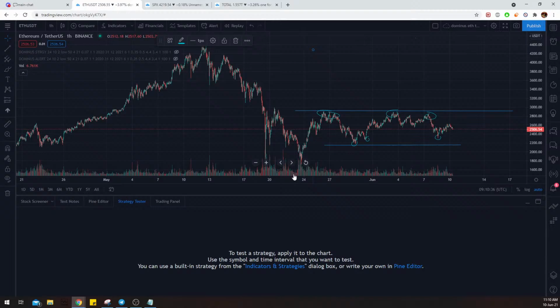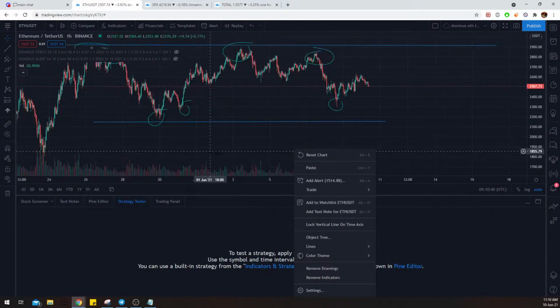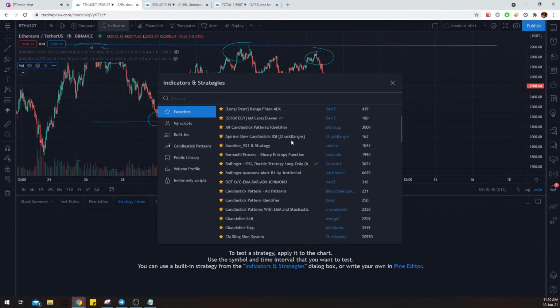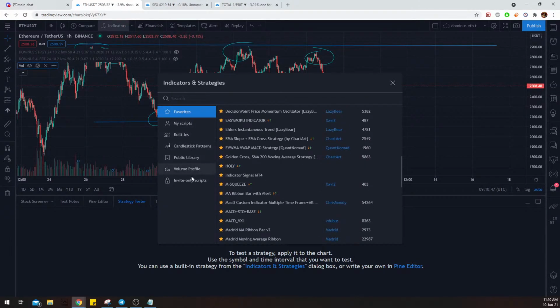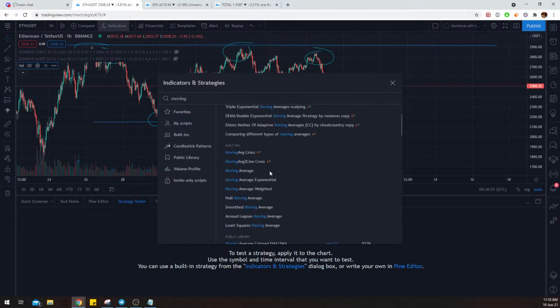Let me try to add one indicator, and we can add inside of it a moving average, the basic one.